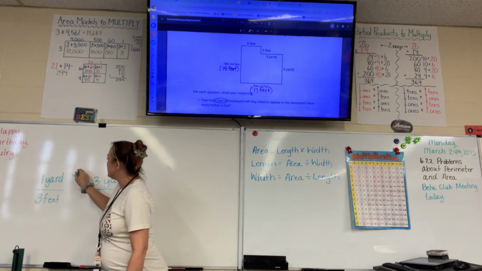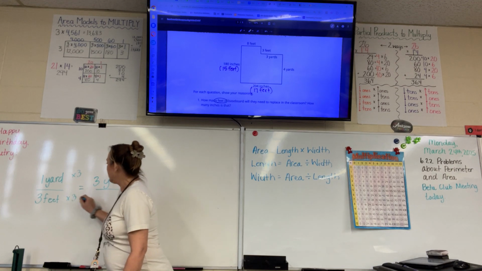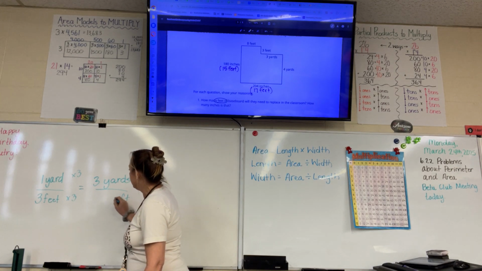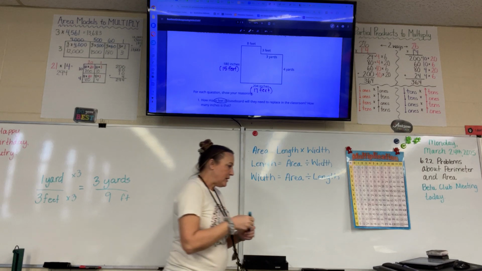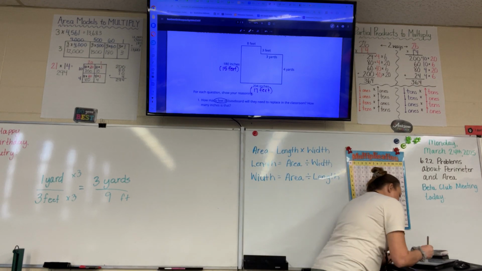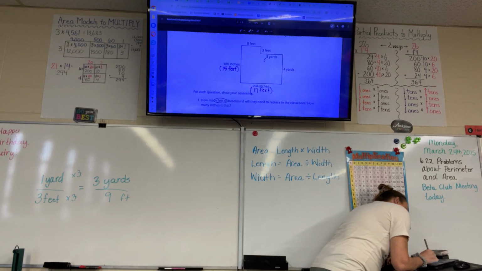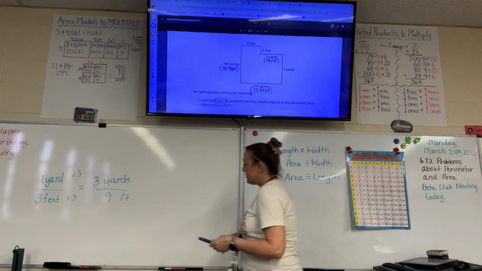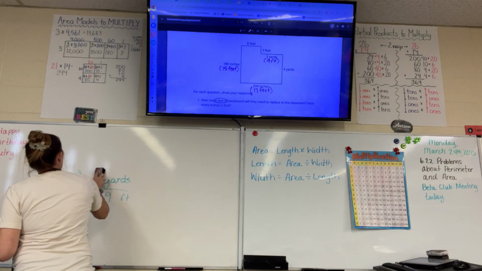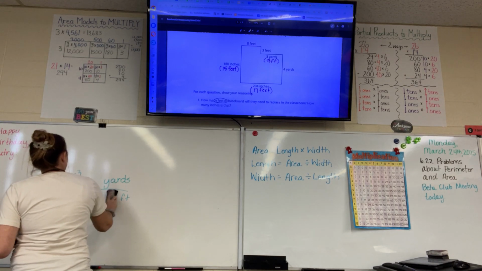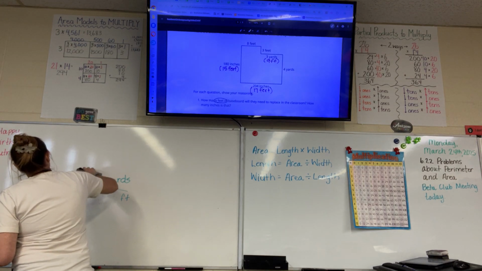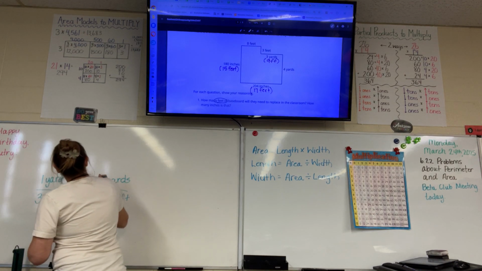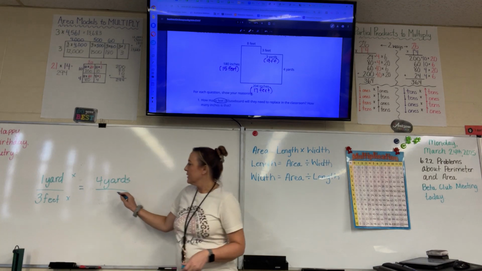And if you do it to the top, you do it to the bottom. So how many feet are in 3 yards? 9. So underneath 3 yards, we're going to put 9 feet in parentheses. And then we just have to change one more. We got to change 4 yards into feet. So what would you multiply 1 times to get 4?